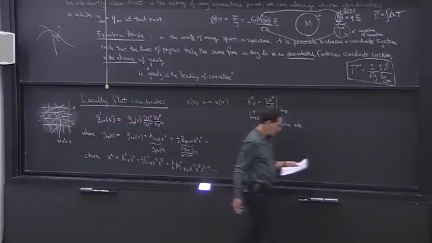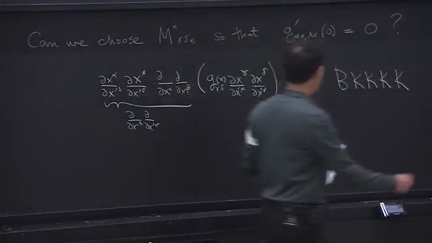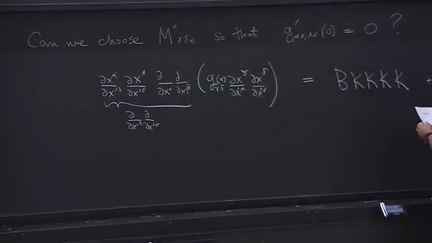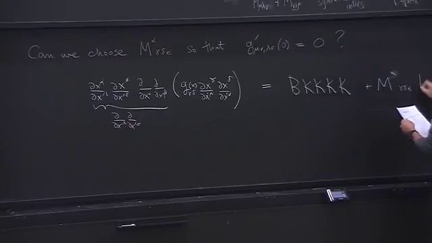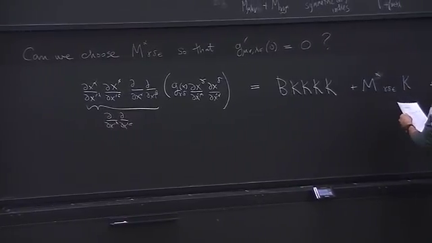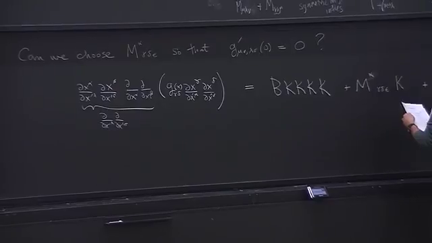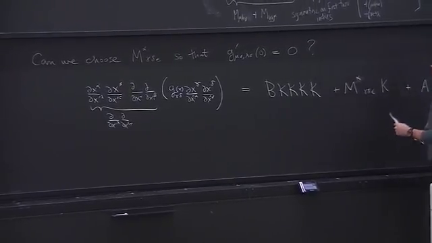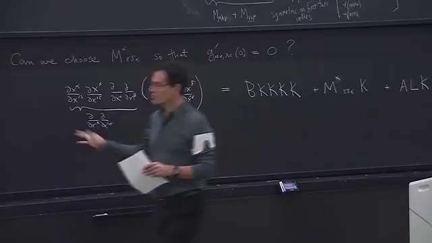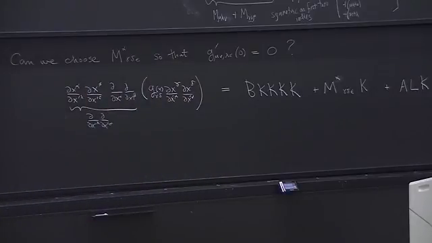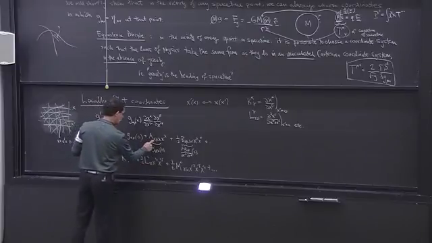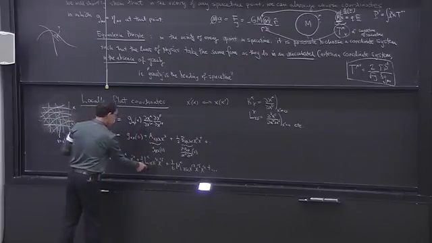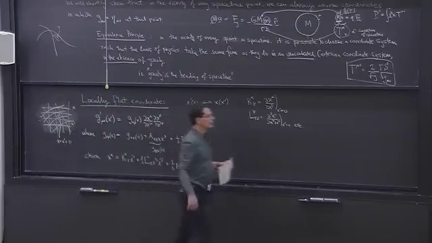So I'm going to get things like M, and remember its index structure, gamma delta epsilon times K. And I'm also going to get A, L, K type terms where I have cross terms. So I might get something from the G, differentiating the G once. I would get an A differentiating the X twice. I would get an L. So you get a whole bunch of terms like this.